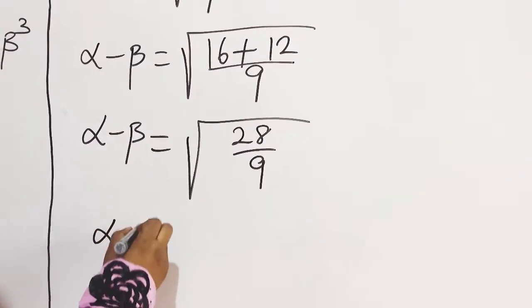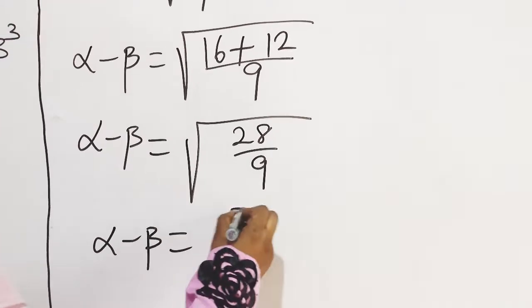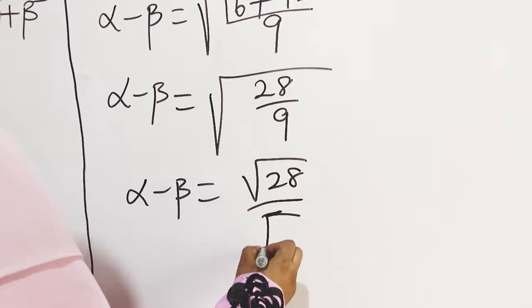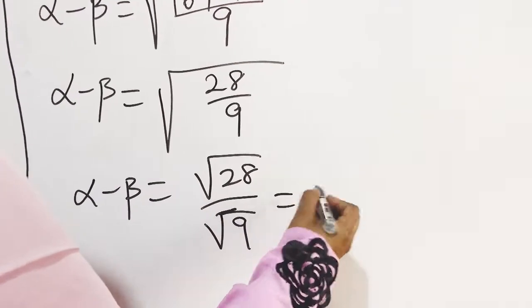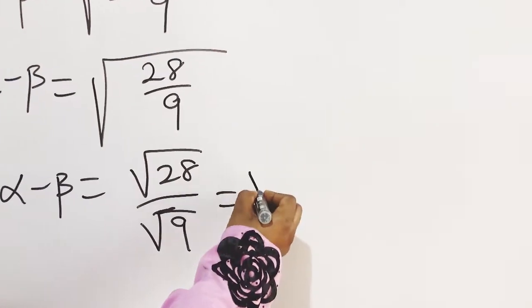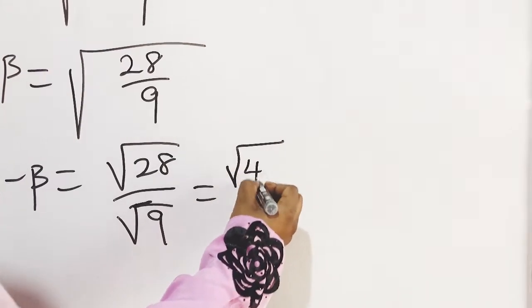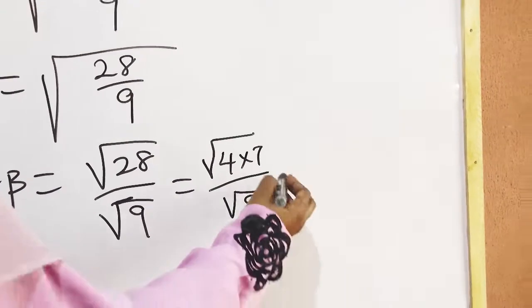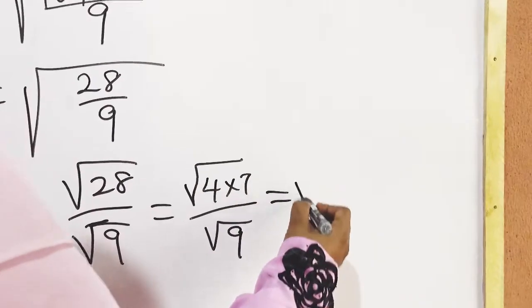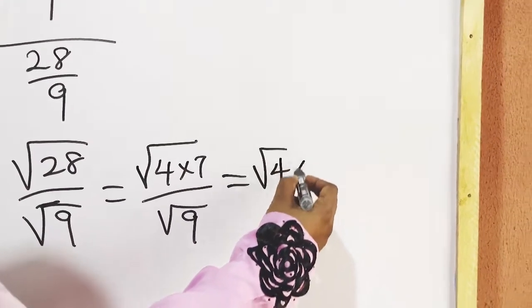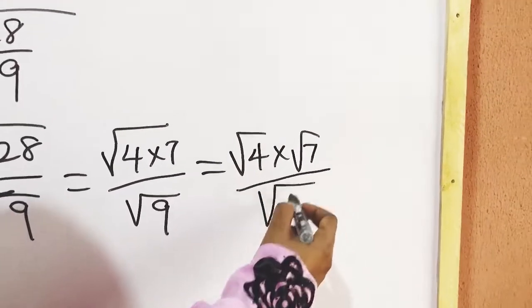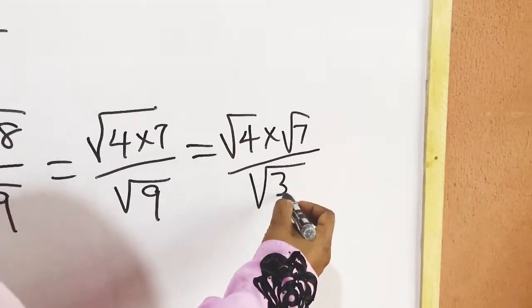Alpha minus beta is equal to square root of 28 over square root of 9. And 28 is 4 multiplied by 7. So square root of 4 multiplied by 7 over square root of 9. This one can be written as square root of 4 multiplied by square root of 7 over square root of 9, 3 multiplied by 3.